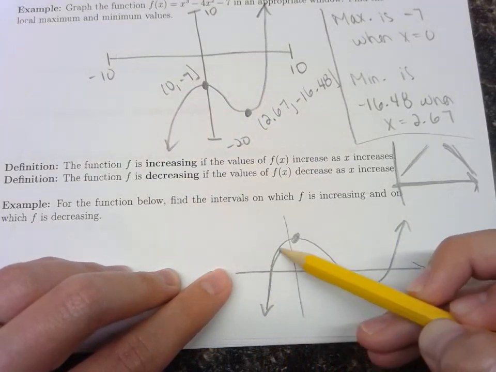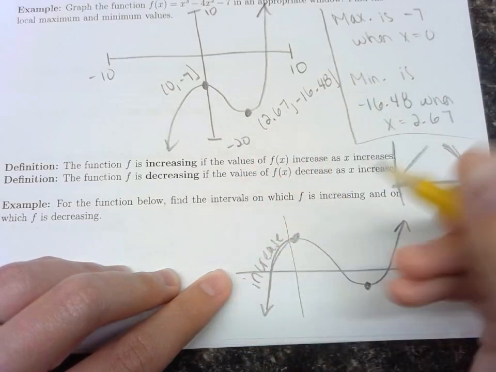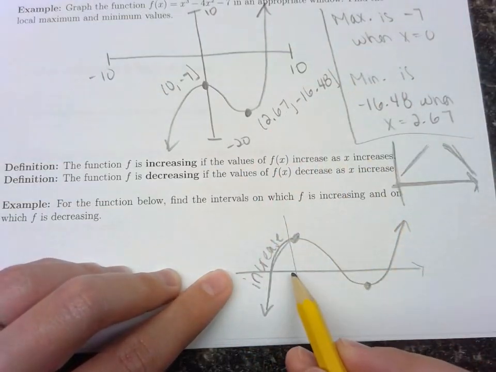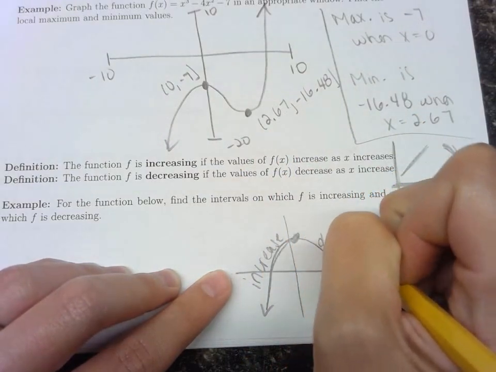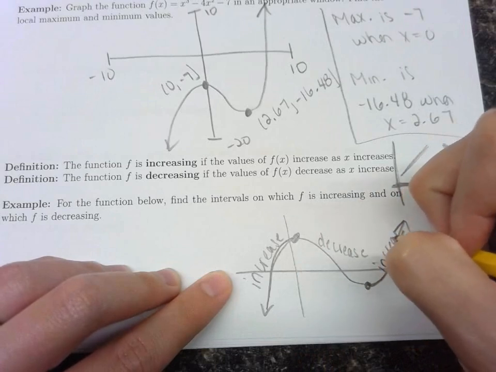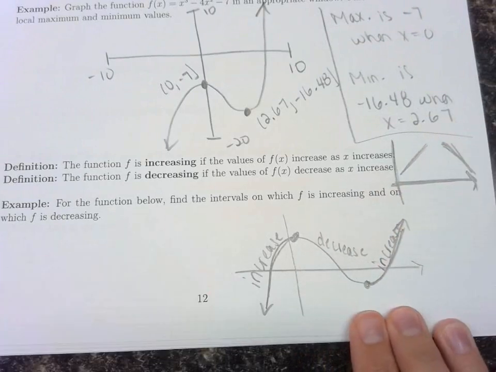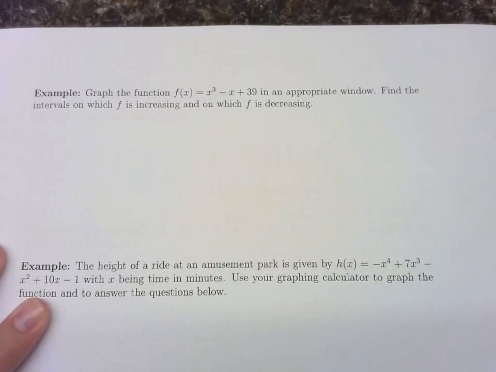Here you have a rise, so this would be increasing. Here you have a fall, again we're moving out this way, so this would be decreasing. And then here you have a rise again, so this would be increasing. So for the next example, we're going to do specific intervals there.